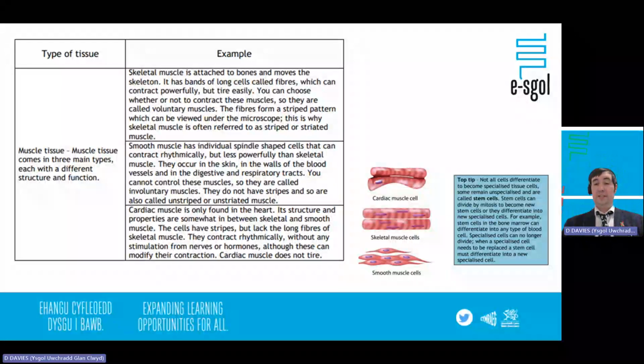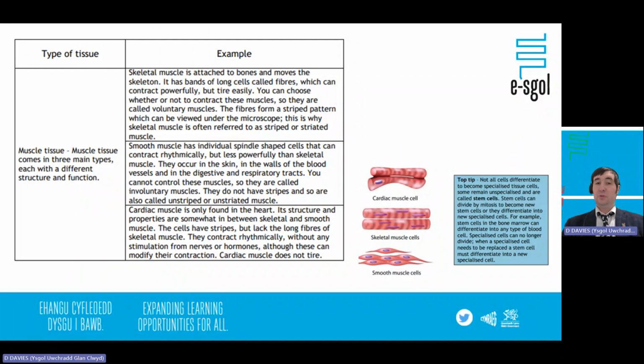Muscle tissue is the next one. So this is a different Cornell notes bit now. Muscle tissue, you all know what muscles are. Parts of the body that incur movement. So skeletal muscle is attached to bones. That's really the movement ones like your biceps.